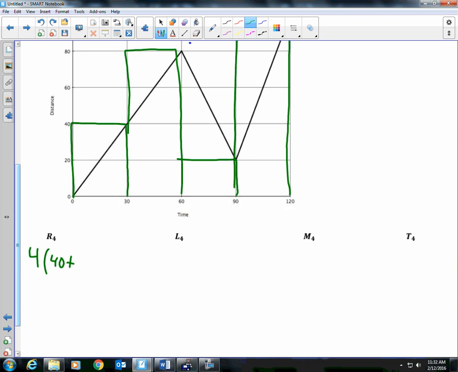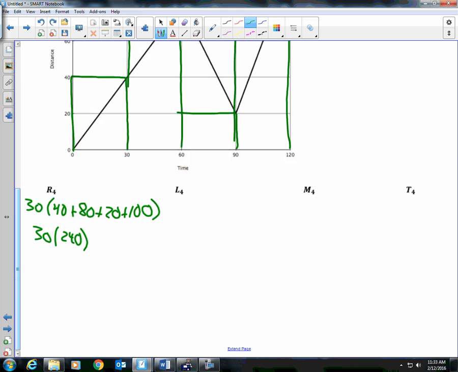Plus, oh, I'm sorry. The width is not 4, the width is 30. Times 40 plus 80, 20, 100. So it's 30 times, let's see, I have 100, 100 is 200, 240. 7,200.